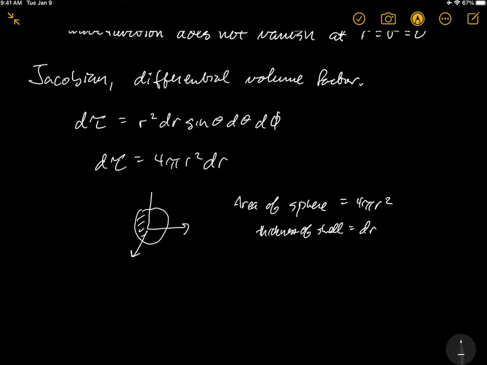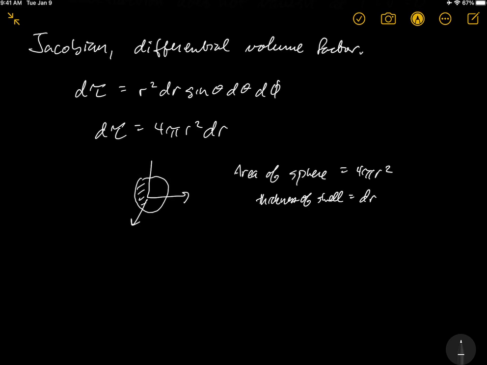As r gets smaller and smaller, the area of the sphere is smaller and smaller, so if our probability is proportional to the volume element, then we would expect the probability of the particle being at some very, very small value of r to vanish.